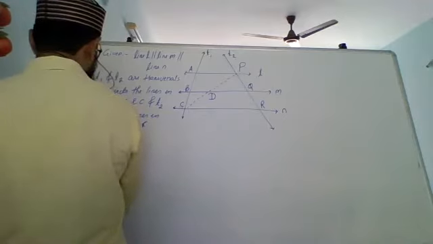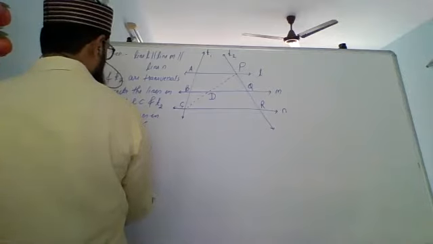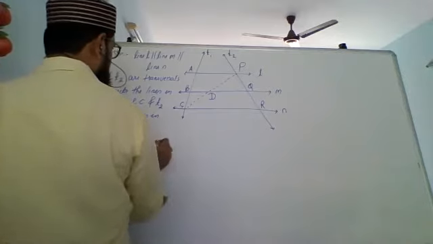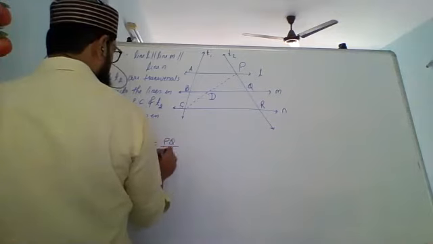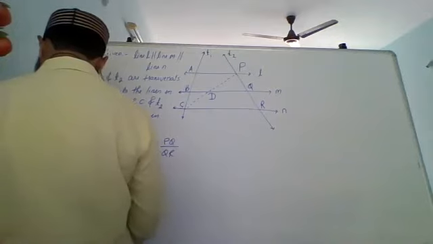We have to prove that AB upon BC equals PQ upon QR. Okay.